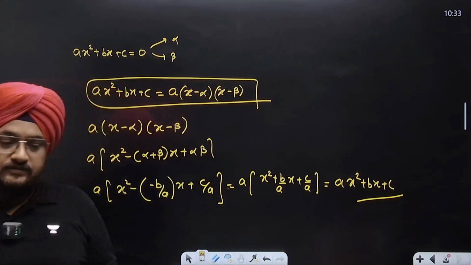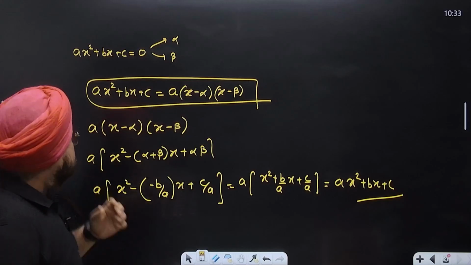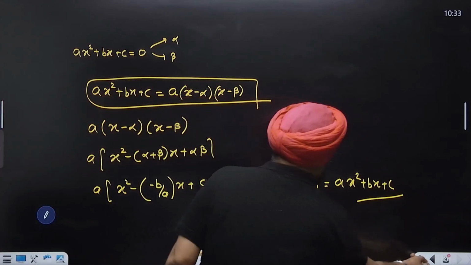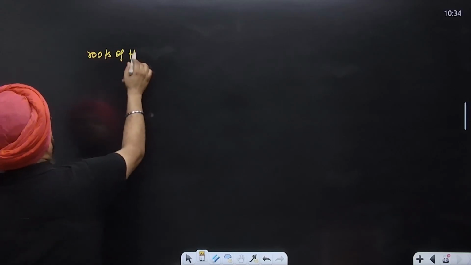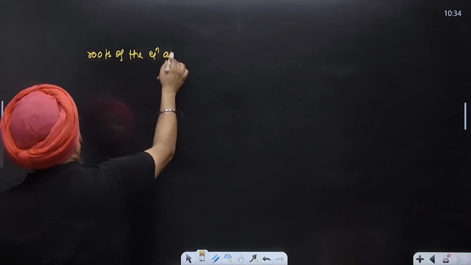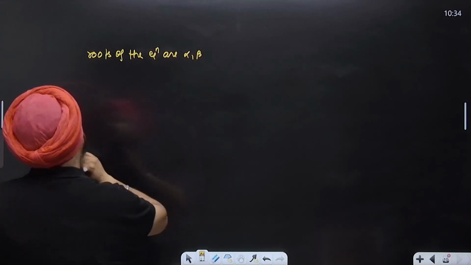Okay. We can also write the equation when the roots are given. Roots of the equation are alpha and beta.